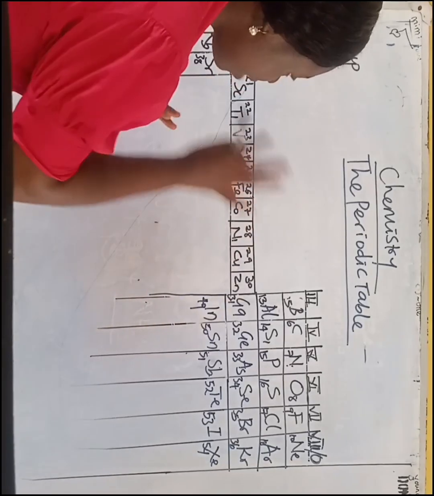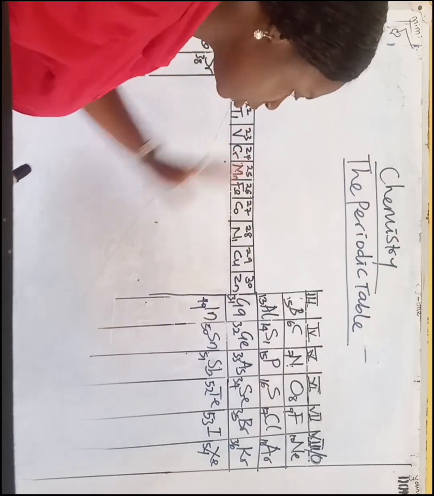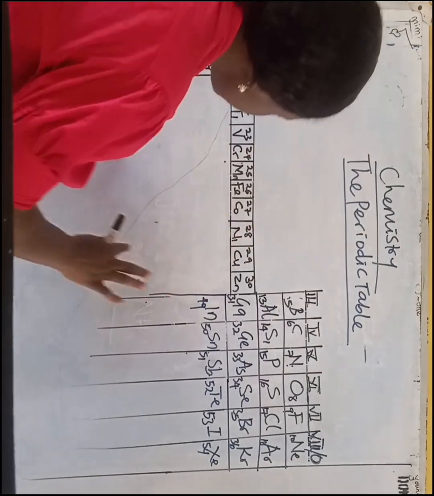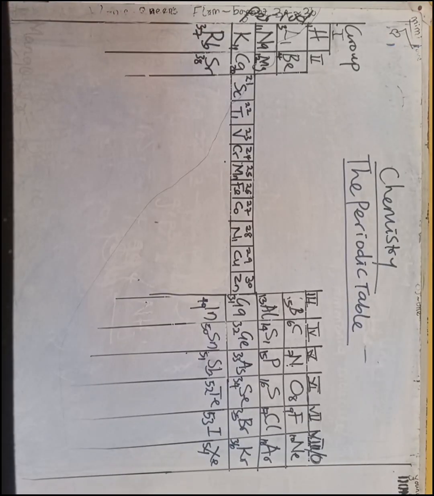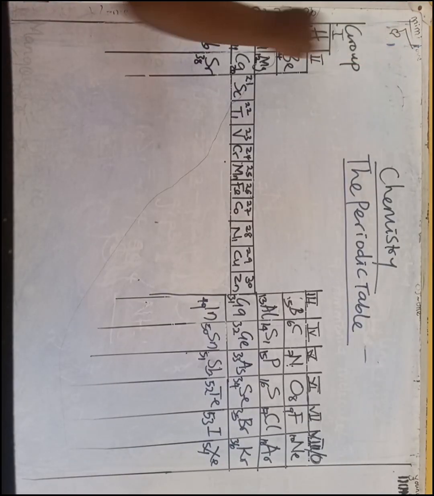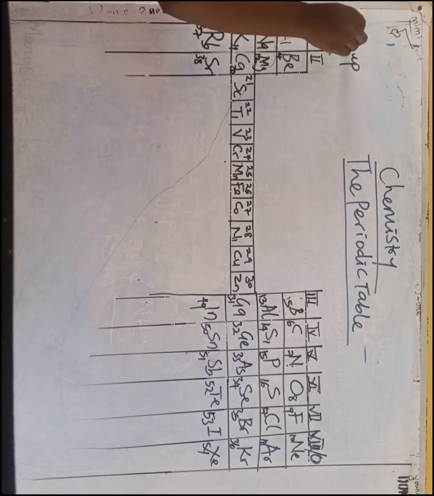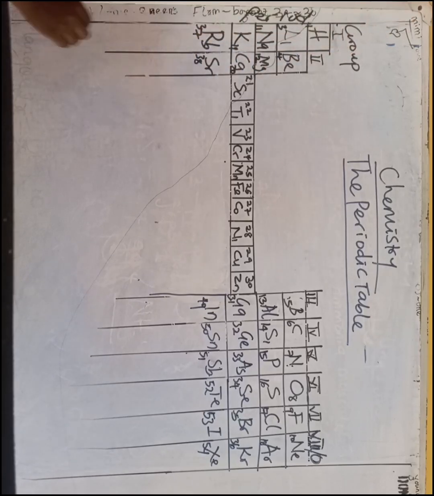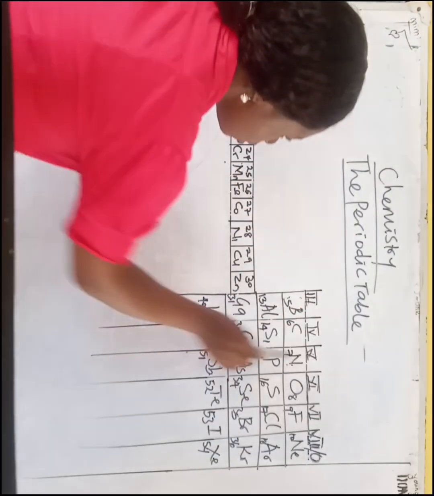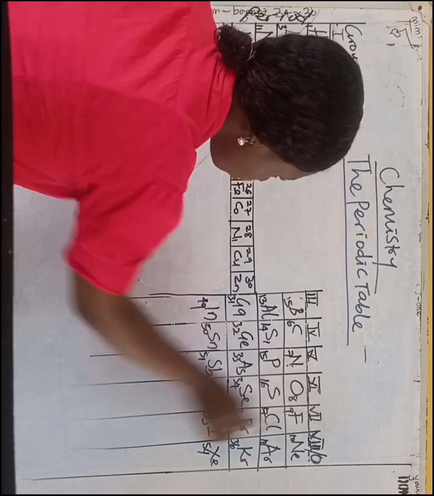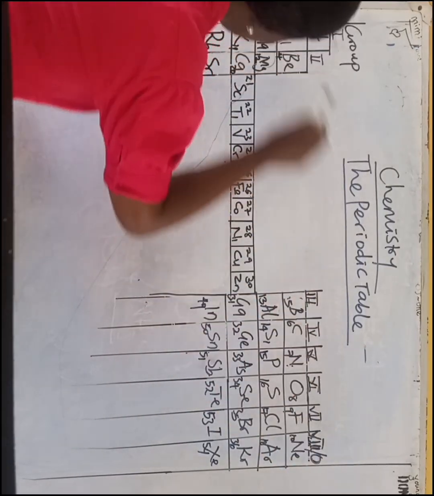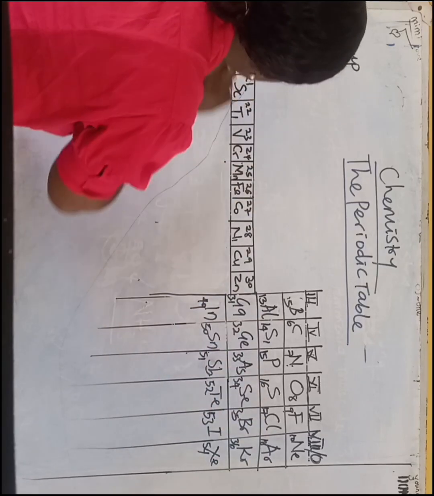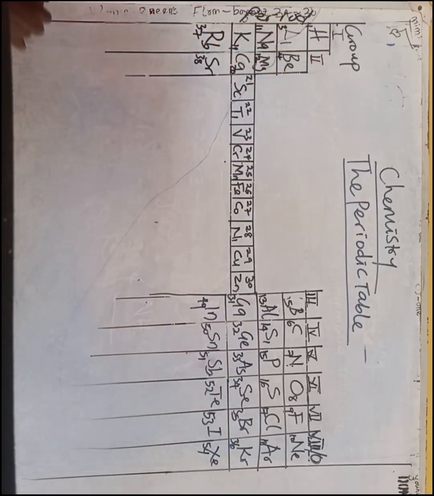I can't write all the elements, so I just brought out this one for the purpose of the lesson. Down the group, from up to down, you have the group, while across this way, horizontal, you have the period.